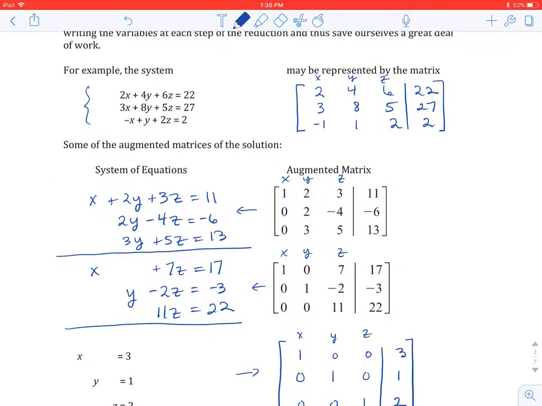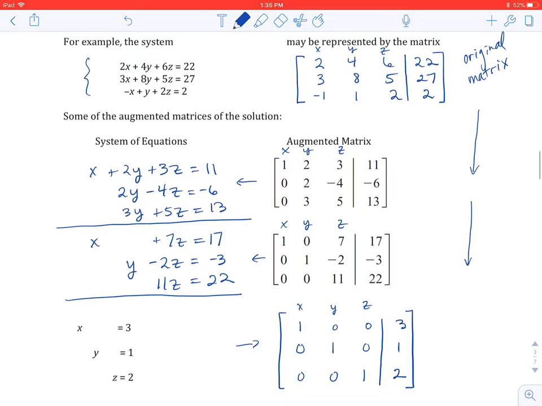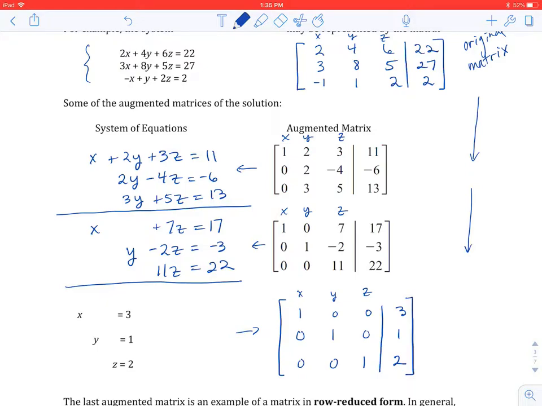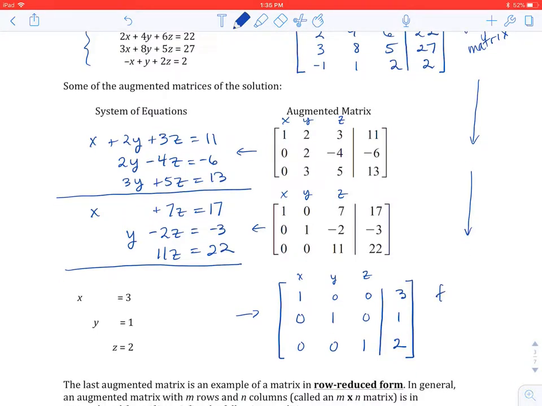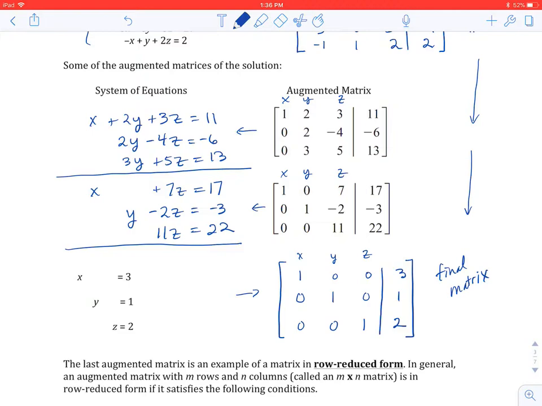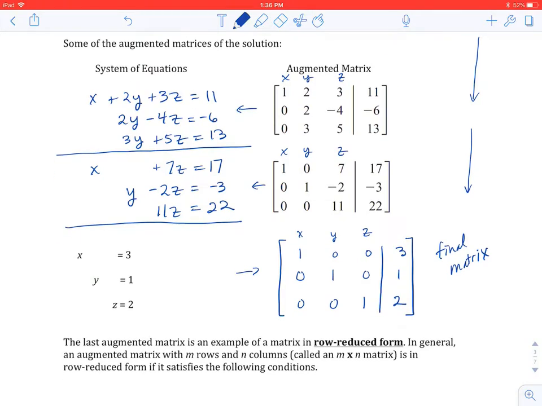And you'll notice that if we go back to the original system, so this was the original matrix, and what we did as we solved that problem, if we were going to just use matrices, we would end up with this as our final matrix. And notice that this final matrix has some important things that make it very convenient.